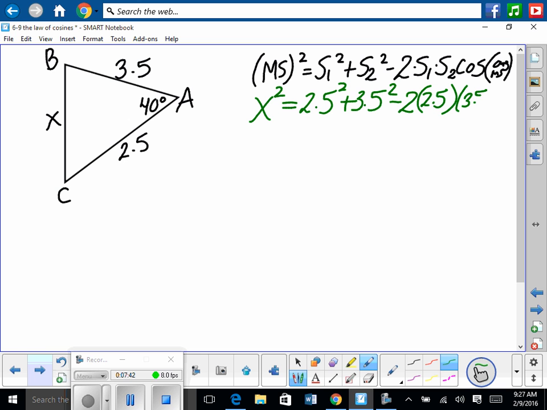I should have left myself some room. And then we have cosine of the angle across from the missing side. So this is the angle across from the missing side, right, everybody? So that's cosine of 40 degrees. Yikes, I wish I would have left myself some room.